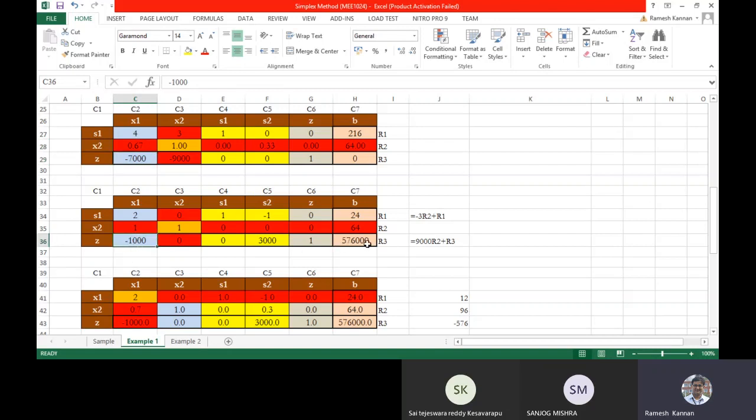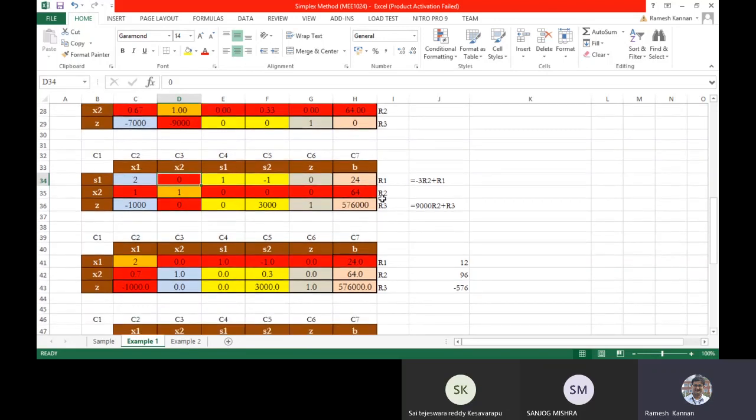This process is repeated till we get the entire row, which means we have successfully made all the elements in the key column other than the pivotal element 0. So we have successfully completed one iteration.